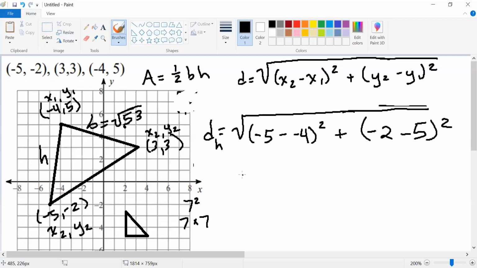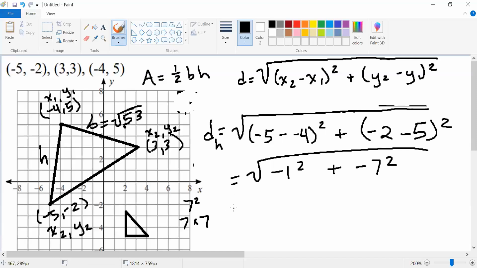Okay, so this is how it looks, and I just want to simplify whatever is in the parentheses. So -5 minus -4, that's the same as saying -5 plus 4, which is -1 squared, plus -2 minus 5, that's the same as saying -2 plus -5, that is -7 squared. -1 squared, -1 times -1, that's +1.